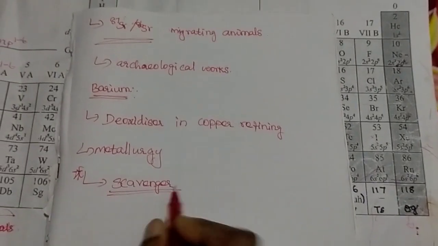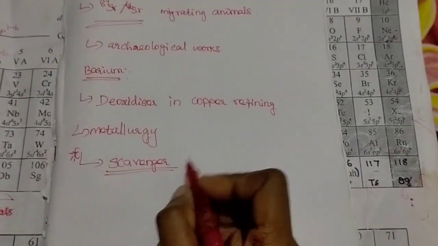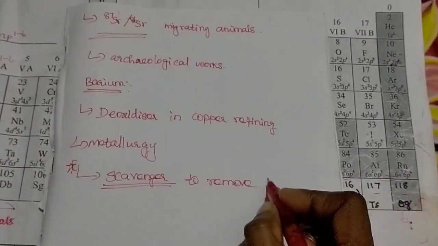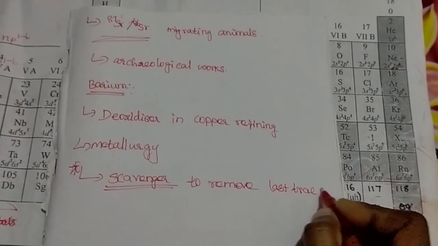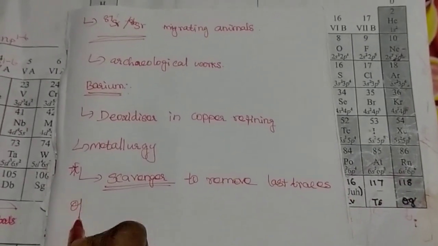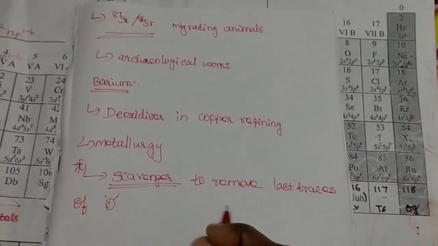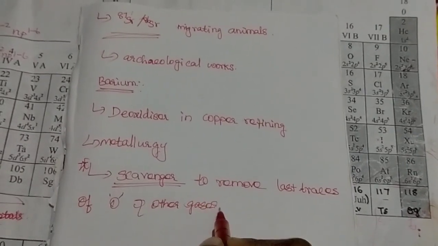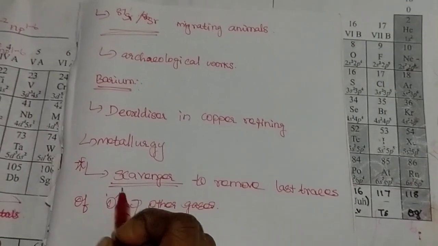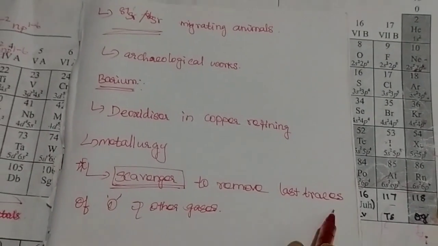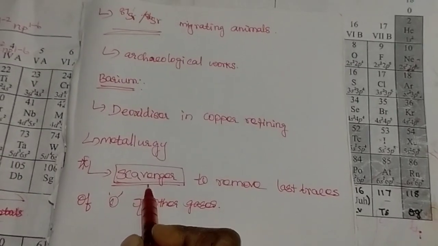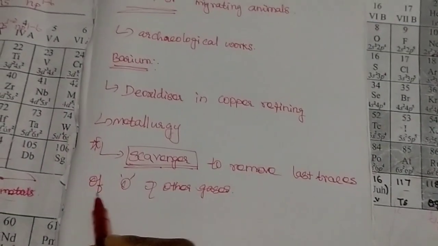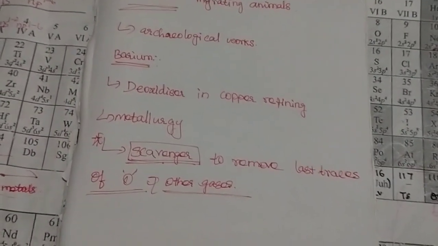So we use barium as a scavenger in television and other electronic tubes to remove oxygen and other gases.